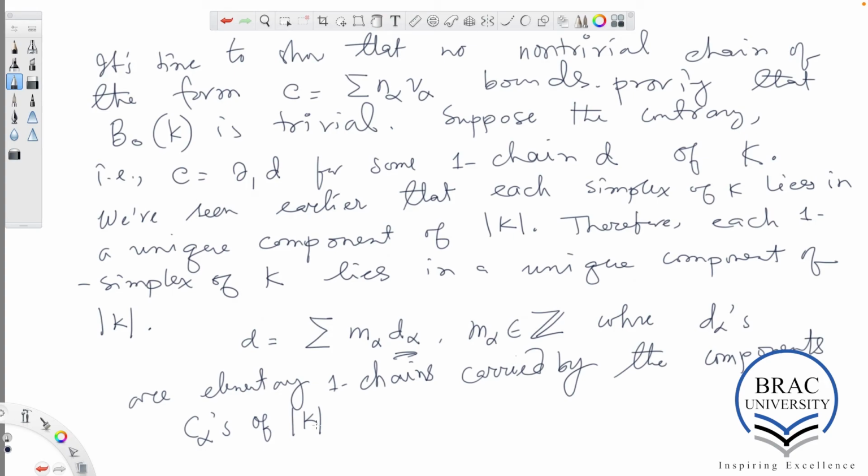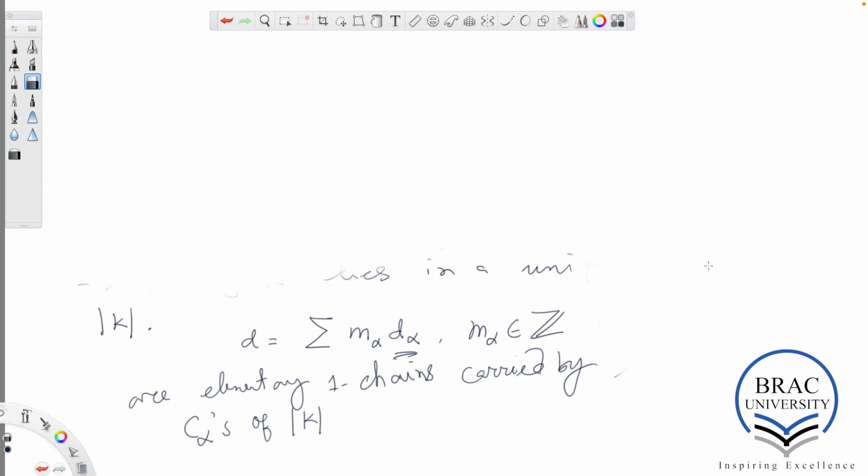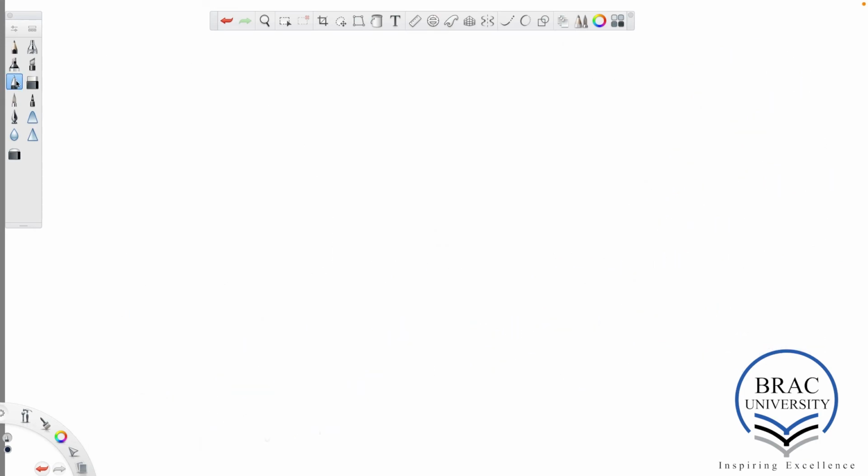Now I need room again. Now, since delta 1 D is equal to the sum of m alpha delta 1 d alpha, right?